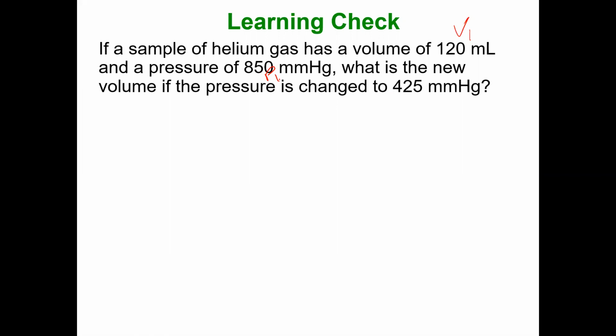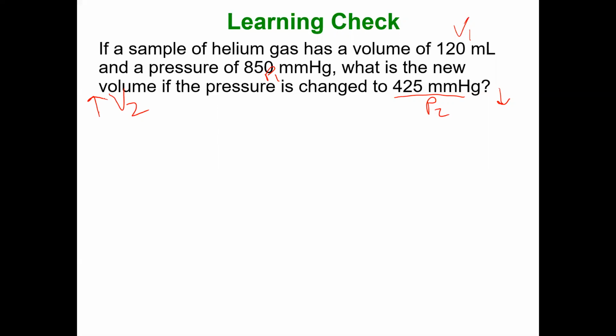What is the new volume? I'm looking for the final volume, the change in volume, if the pressure has changed to 425 millimeters of mercury. So if pressure decreased, what do you think happened to the volume? It must have increased. Well, how could we solve for it?